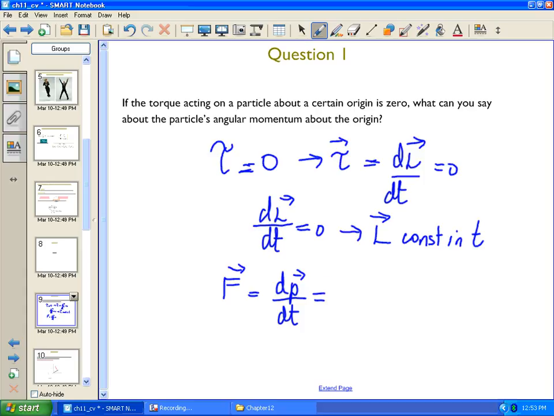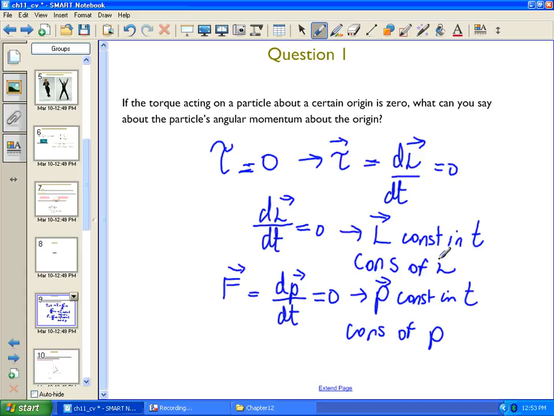And if that was equal to 0, if there was no external force acting on an object, that implied that the linear momentum was constant in time. And this allowed us to work with conservation of momentum in the case where there were no external forces. Here, we're dealing with conservation of angular momentum in the case where there are no external torques.